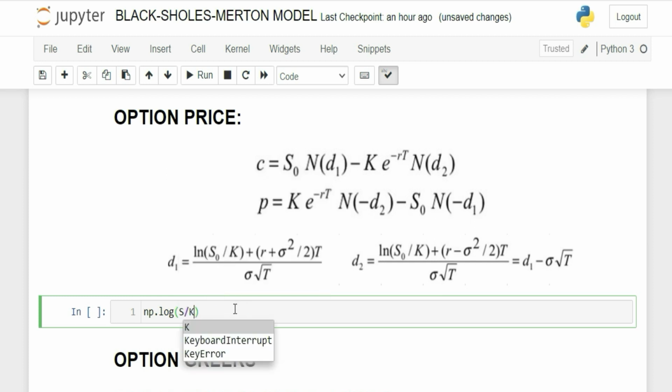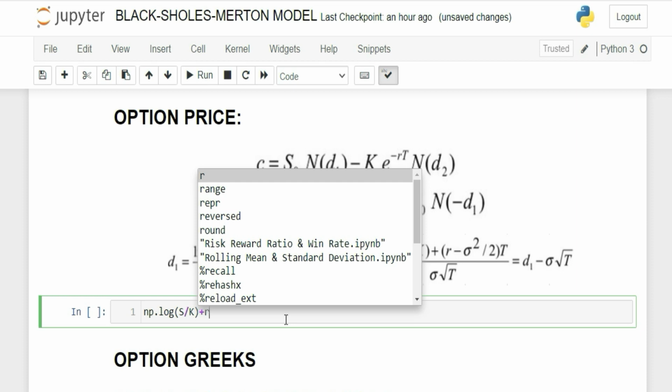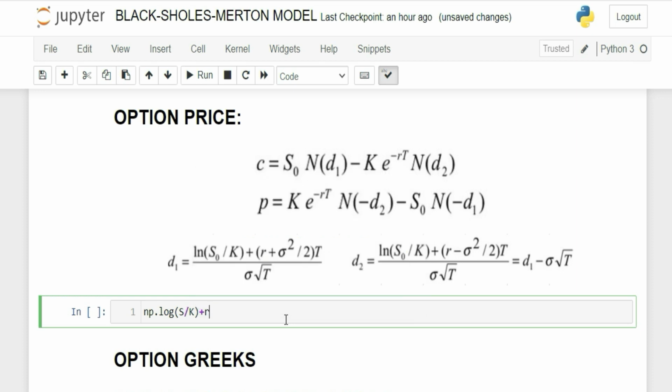Okay, I got this one, and then I will say plus r, the risk-free rate of interest, plus sigma square. Sigma square is sigma double star 2, divided by 2. So we got this. Now once we do that, that is multiplied with t.